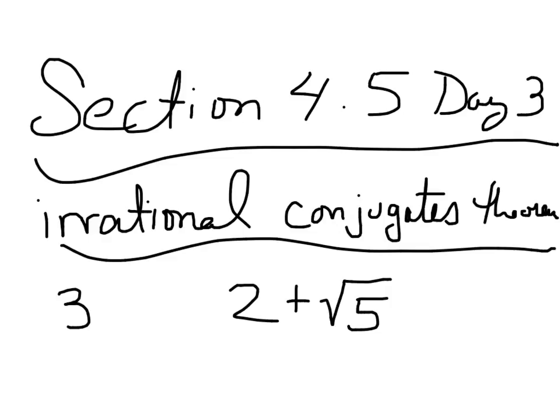0? No, not 0. Good guess. 1? Not 1. 2 minus the square root of 3. Right. Remember when you square root, it comes in pairs, so that should always have plus or minus. And if it doesn't, that's the one that's missing.